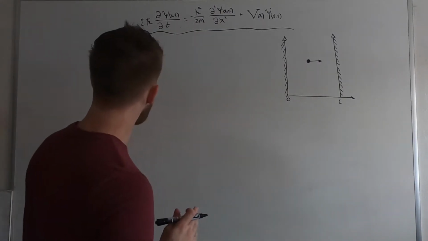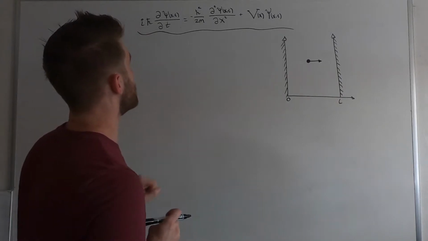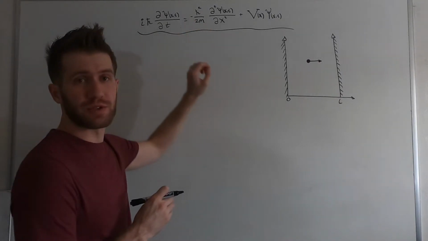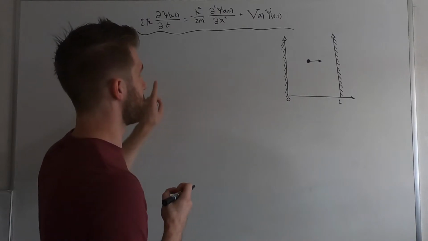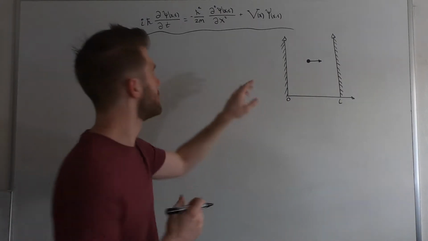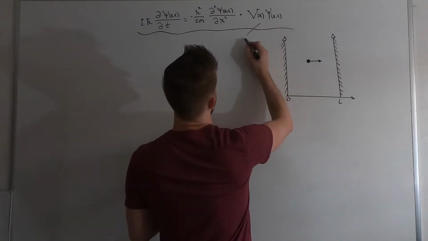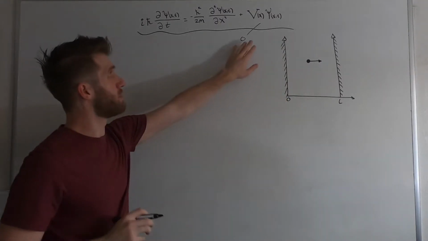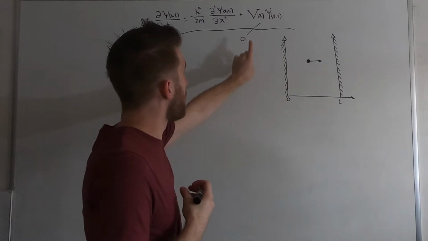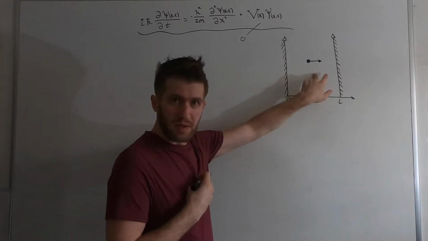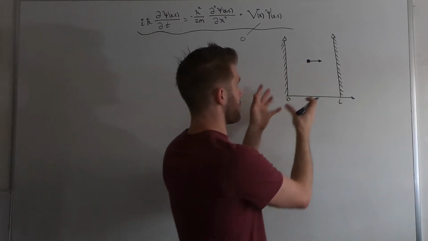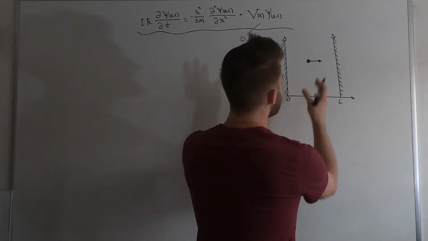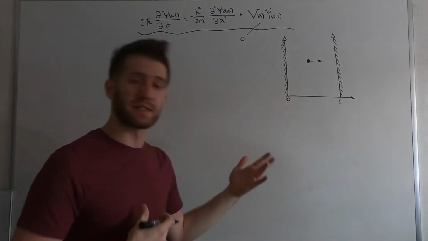Okay, so what we need is to work this into an ordinary differential equation and remove the dependence upon the potential. So we want the potential to be zero, but we also want to keep the particle that we are trying to describe contained within its infinite square well.